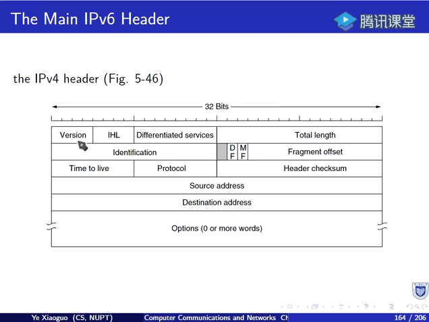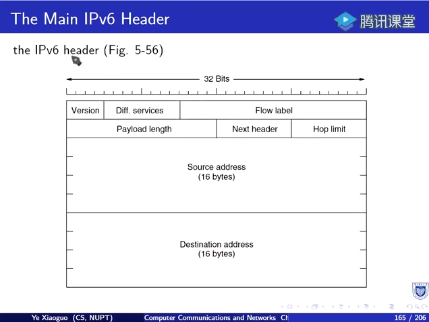We know version, header length, differentiated services field, total length, identification, DF, MF, fragment offset, time to live, protocol, header checksum, source address, destination address, and options. This is the IPv4 header. This is the IPv6 header. So IPv6 simplified the IP header.